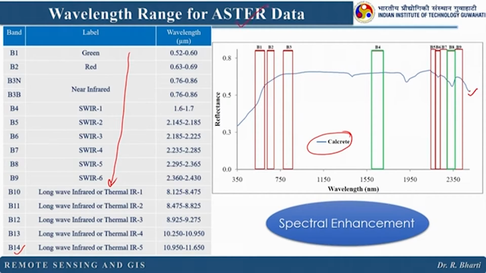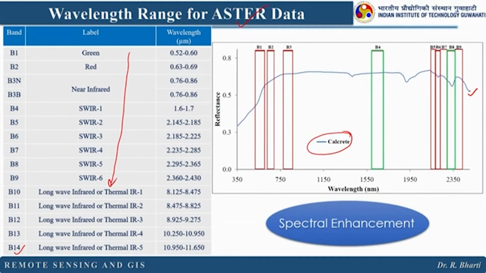Now what we can do is we can enhance, or we can do the spectral enhancement. Why? Because I told you in the beginning that we are bothered about the absorption feature produced by the material. Why? Because that tells about the chemical composition and bonding arrangements, right?